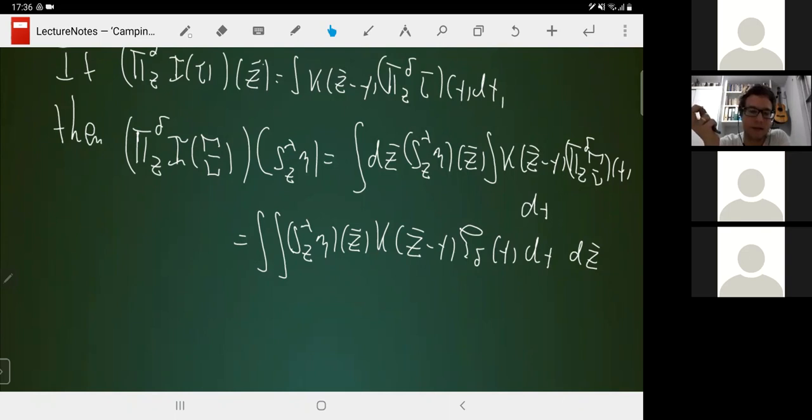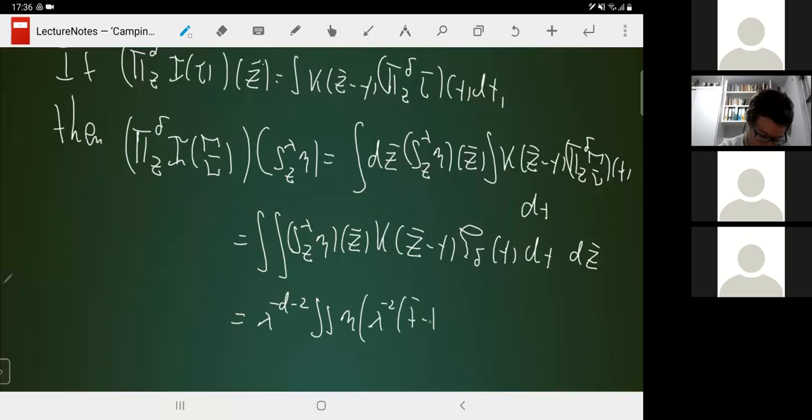Maybe it's good to replace the test function with whatever it is: lambda to the minus d minus 2, eta of lambda to the minus 2 t bar minus t, lambda to the minus 1 x minus x bar, and so on.